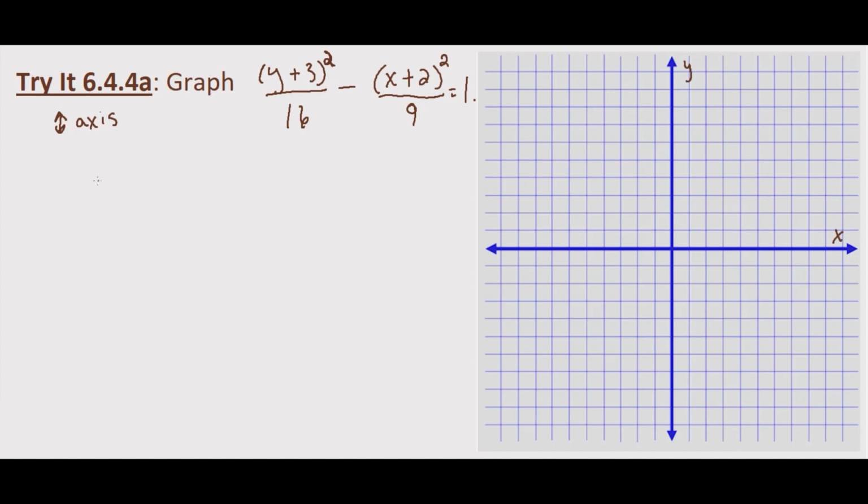So now we're going to look at our vertices, a squared, and remember we're looking at the form (y - k)² over a² minus (x + 2)², or (x - h)², over b² equals 1.